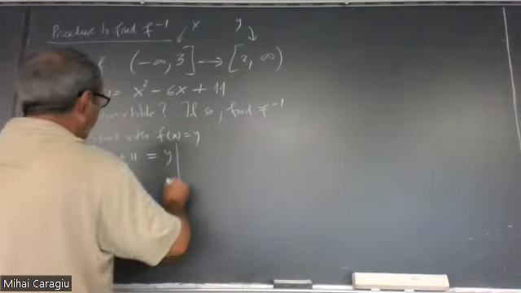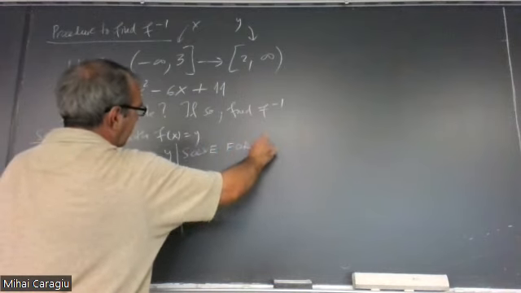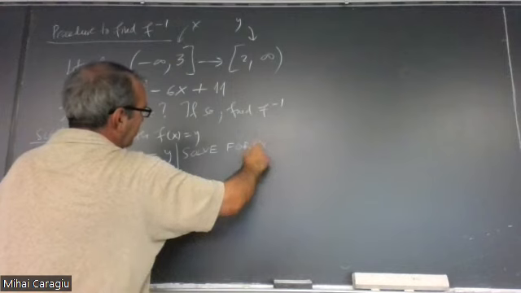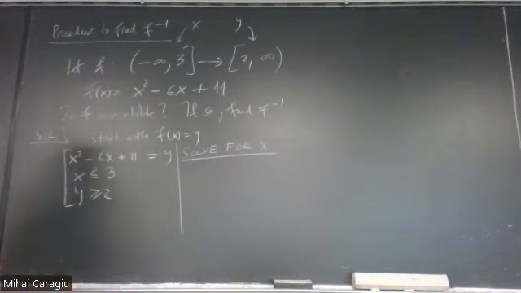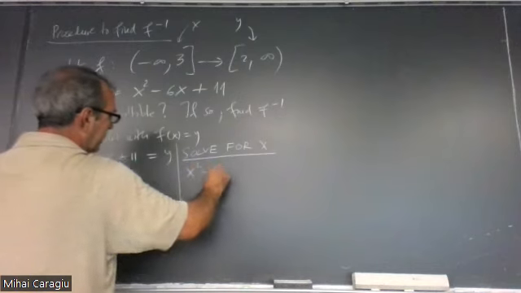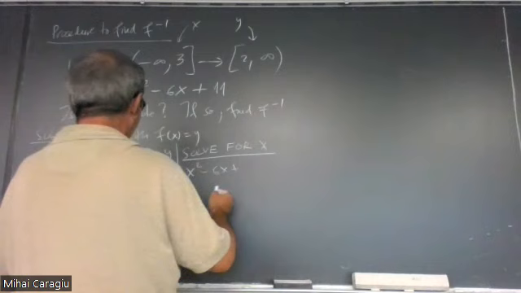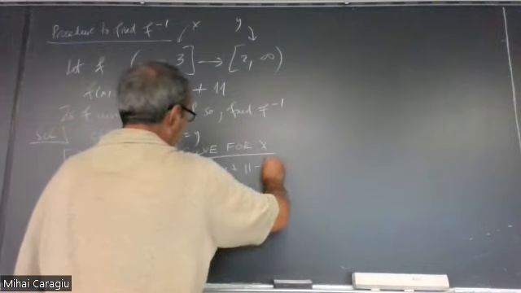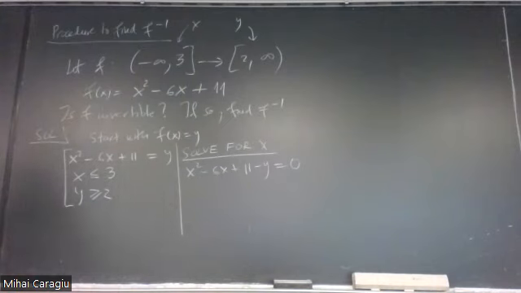Okay, so now we have to solve for x. To prove that the function is invertible, the solution for x must be unique. So let's rewrite this as a quadratic equation: x squared minus 6x plus 11 minus y equals 0.